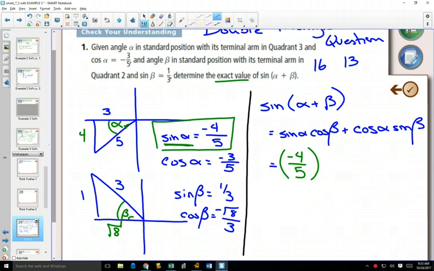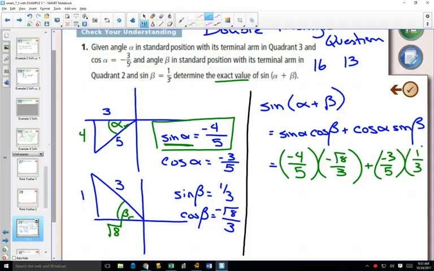You replace all of cos beta with negative root 8 over 3. Plus, you replace all of cos alpha with negative 3/5. And you replace all of sine beta with 1/3.